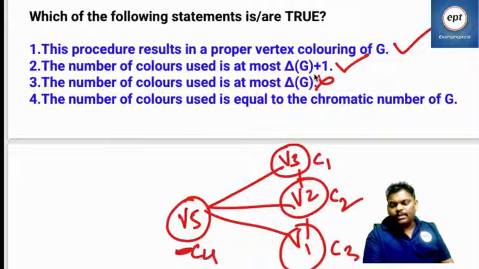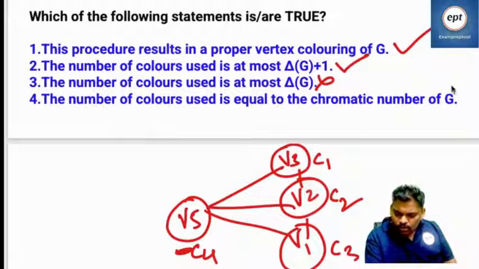The reason is this greedy algorithm; there is no proper algorithm to find out the chromatic number. It may give more colors. Actually 3 colors required, it may give 4 colors. So I think this is also wrong.